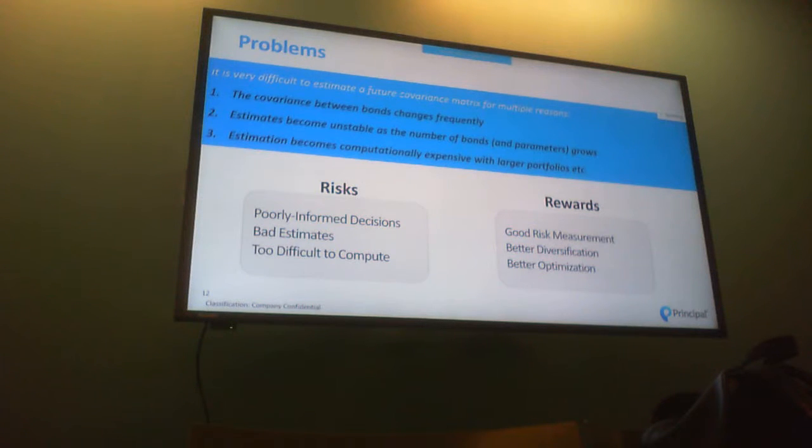And then the risk is poorly informed decisions, because of bad estimation and because it is too difficult to compute. The good thing is that good risk measurement could give us better diversification and better optimization.